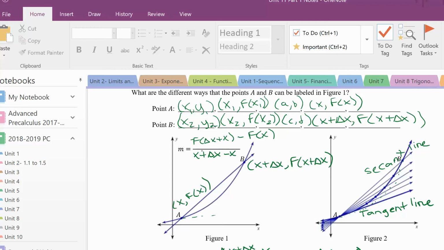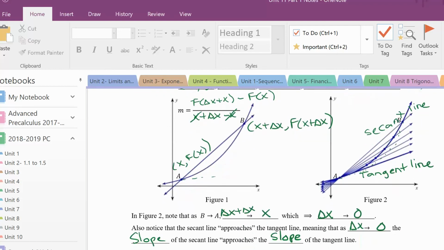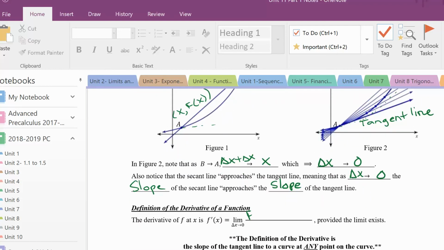We'll notice these cancel, so it's just going to be f of delta x plus x minus f of x over delta x. And that is the derivative of a function, basically the slope of the tangent line. So it's f of delta x plus x minus f of x all over delta x. The limit as that change in x approaches 0, provided the limit exists.